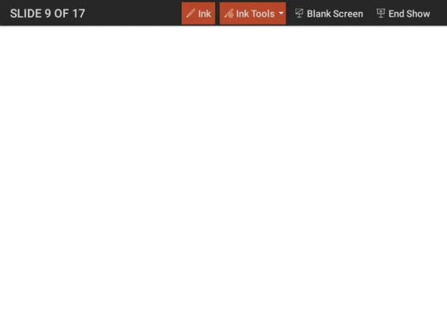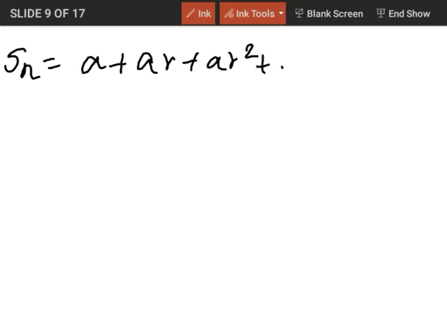Now let's move on to the summation of a GP. Say Sn. Again the first term is a, the common ratio is r, so the terms will be a plus ar plus ar square and up to, if I take n terms, ar^(n minus 1).